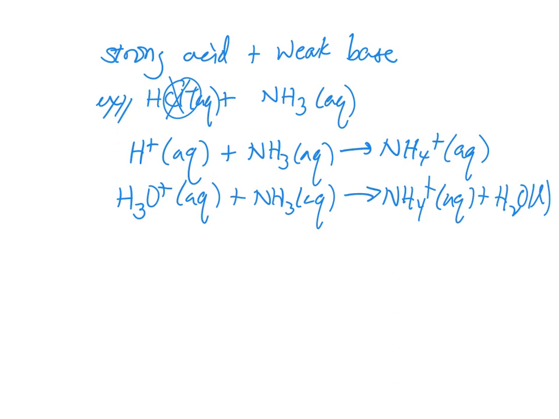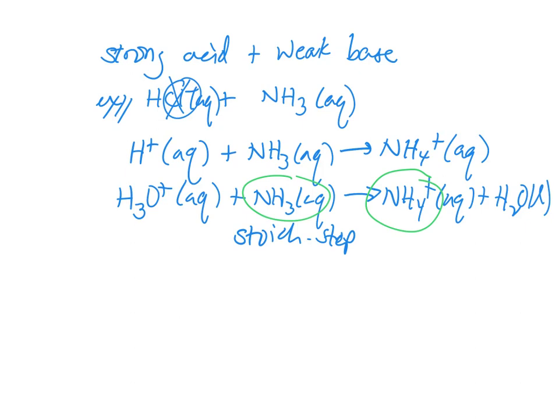And again, this would be the stoichiometry step. Depending on the amounts that you have of your strong acid and of a weak base, you're going to get different results as a consequence. If there's more NH3 than there is H3O plus, you have leftover NH3, but you've also made NH4 plus along the way. So again, you're going to be left with conjugates.